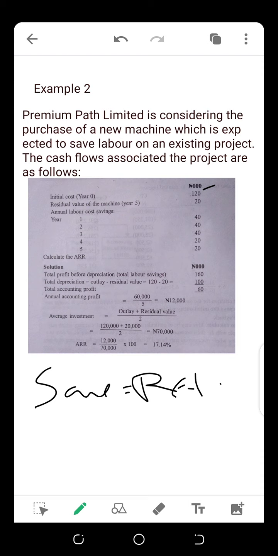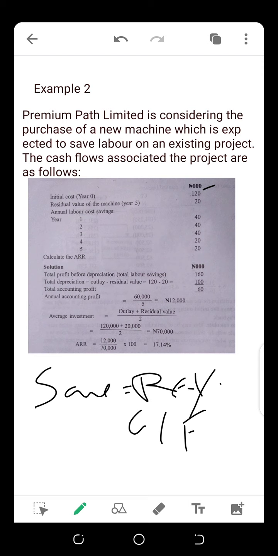We are now told to calculate this, which is regarded as cash inflow. Please take note of that. You can call this savings the cash inflow, or you call it the return. Let's just do some little adjustment.